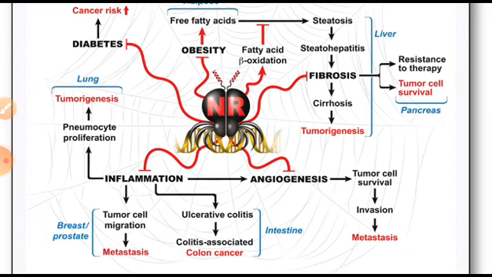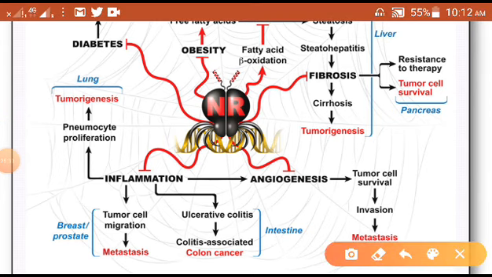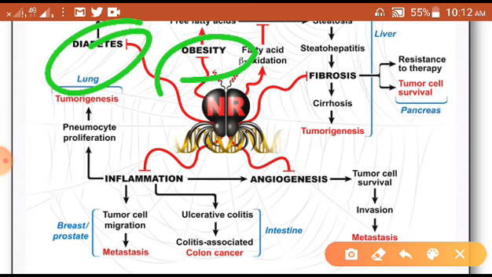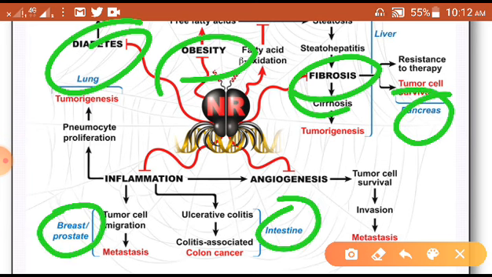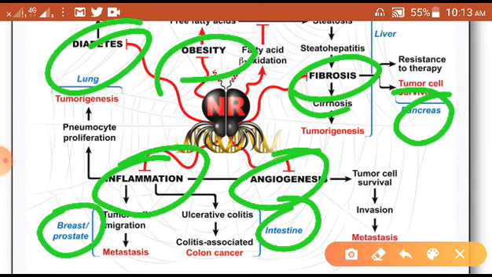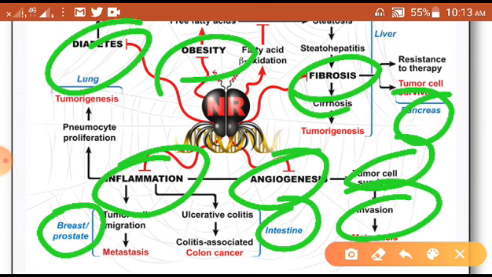You can find it here. These receptors are involved in diabetes, in cancer risk, even obesity, free fatty acid beta oxidation, fibrosis processes in the liver, pancreas, intestine, breast, prostate, inflammation process, angiogenesis, tumor cell survival, and even the metastasis process, tumorigenesis.